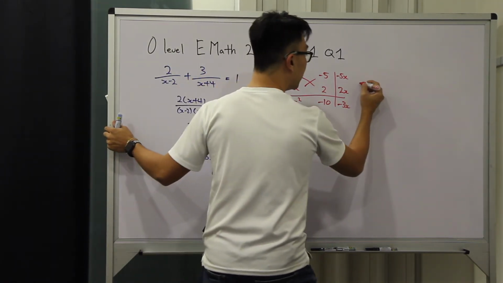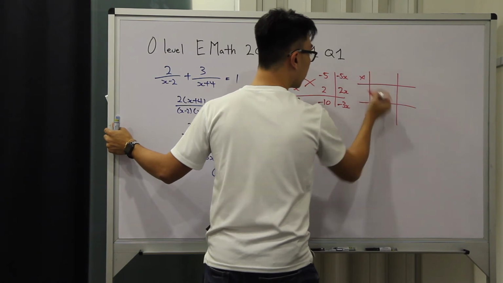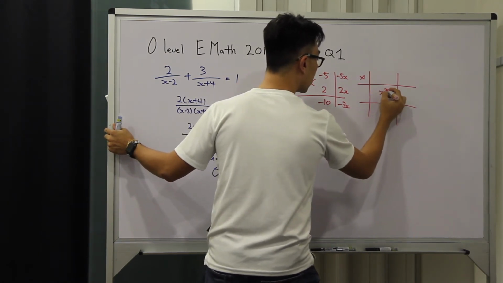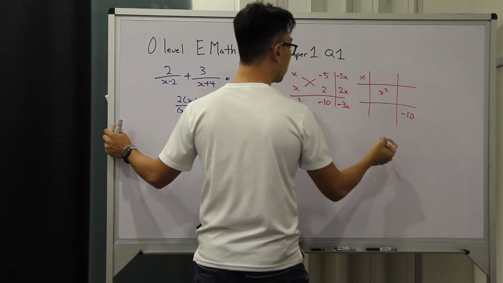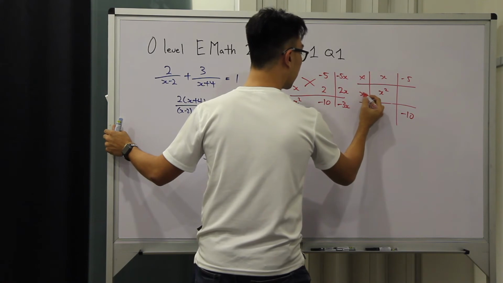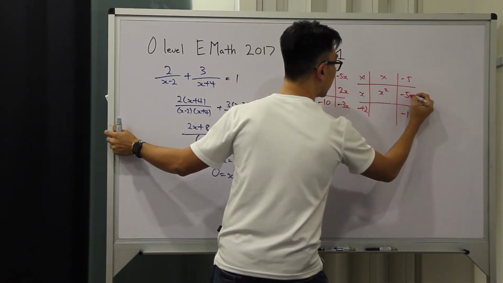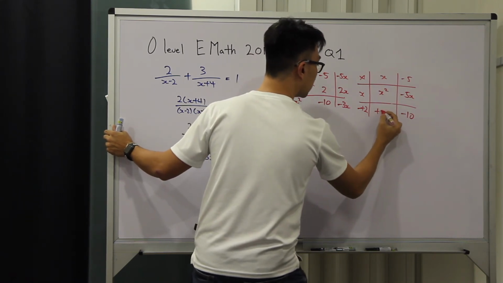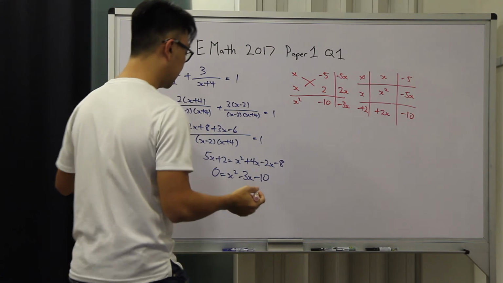For those who are more familiar with the other presentation, this is a cross. We have a x squared. We have a minus 10. So this can be x minus 5. This can be x plus 2. So we have minus 5x plus 2x. And both of these will give us the minus 3x.